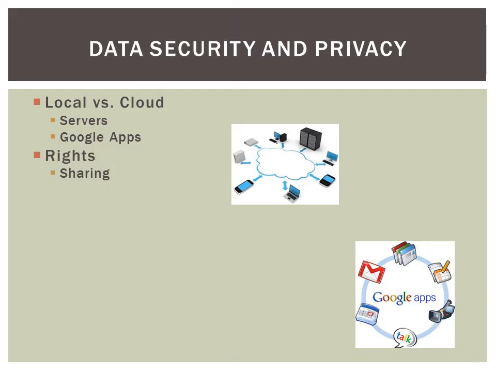In talking about data security, there's a term that you need to be aware of, and the term is called rights. When we're talking about data security, the idea of rights is, when you log onto a computer, which files do you have access to? Which files does the computer network let you view and open and save and delete?